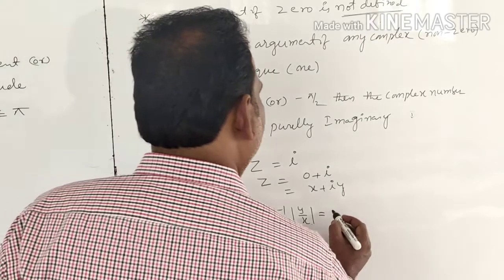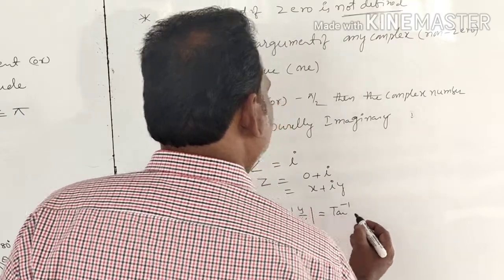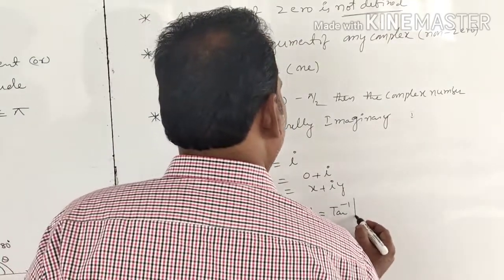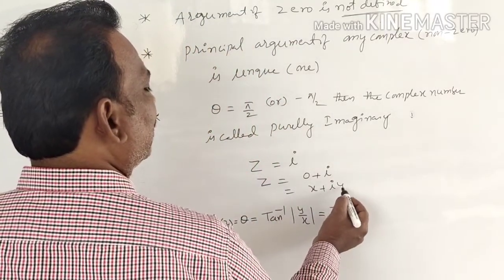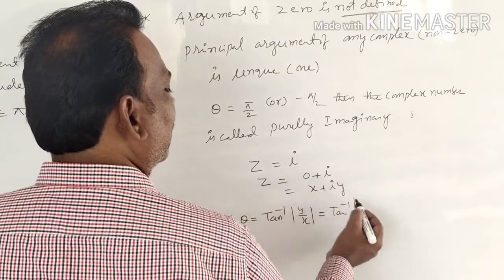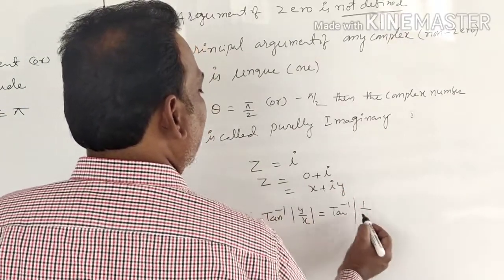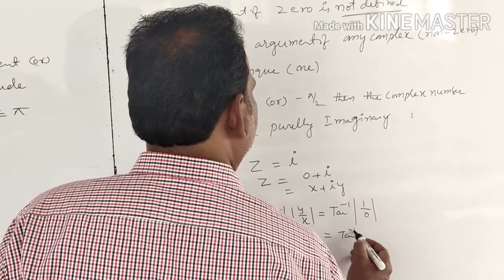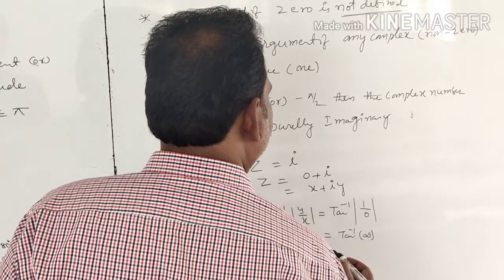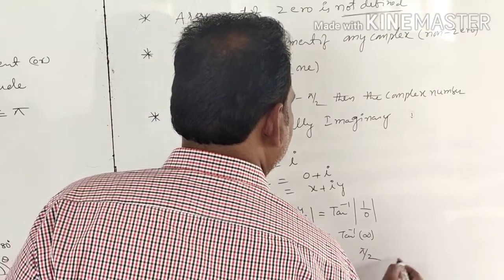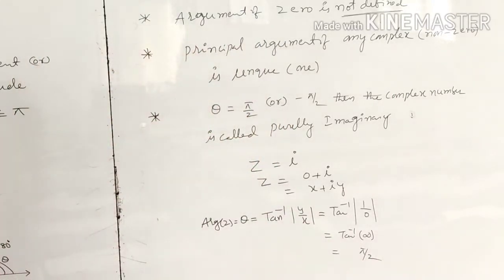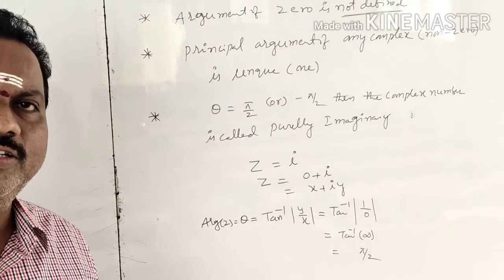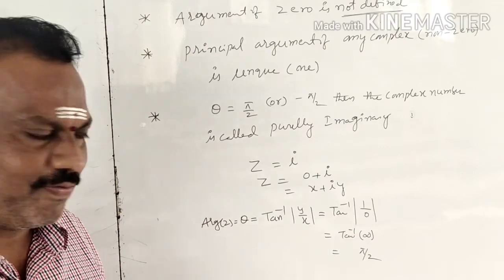So we take only the first quadrant formula, tan inverse of the y value. What is the y value here? 1, by x value which is 0. Anything by 0 is not defined. Tan inverse of not defined is nothing but tan 90 degrees is not defined, correct or not? Correct, students? Tan 90 is not defined.